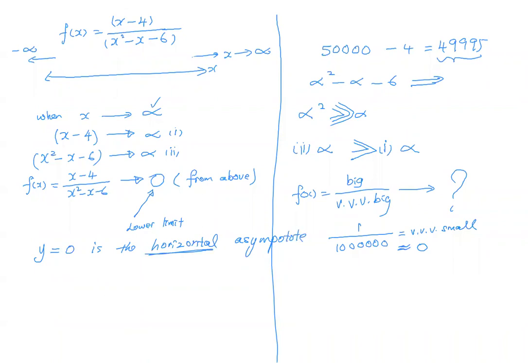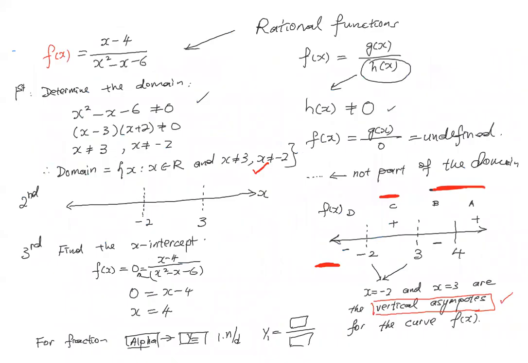So today you take away two things. The first one, vertical asymptote. It only happens for rational functions, okay? How to get the vertical asymptote? It is controlled by the domain.